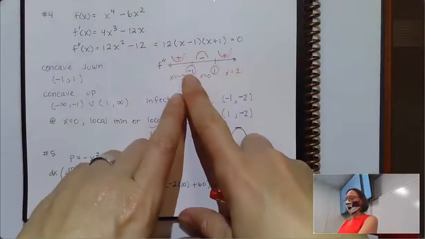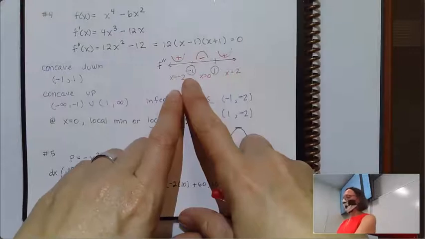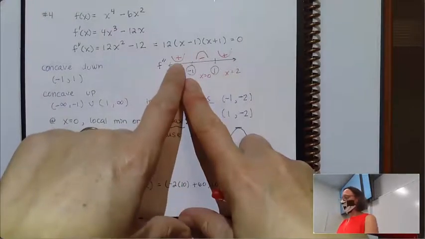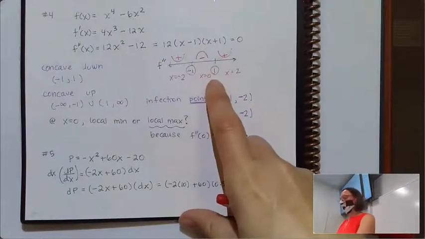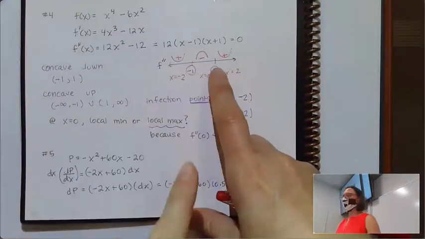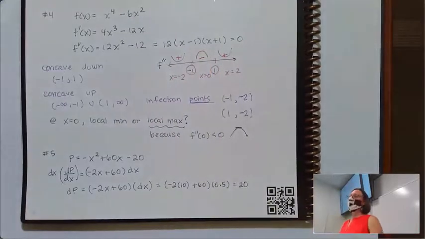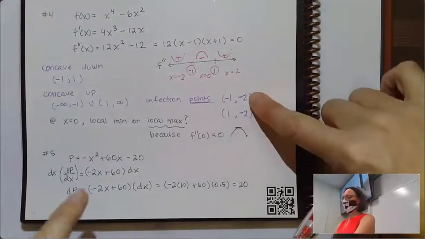So like negative 1 changes from a concavity that's positive to a concavity that's negative. Positive 1 changed from a concavity that was negative to a concavity that was positive. So that's why I know those are the x values where we should have an inflection point. To get the y values, I plug them back into the original function.